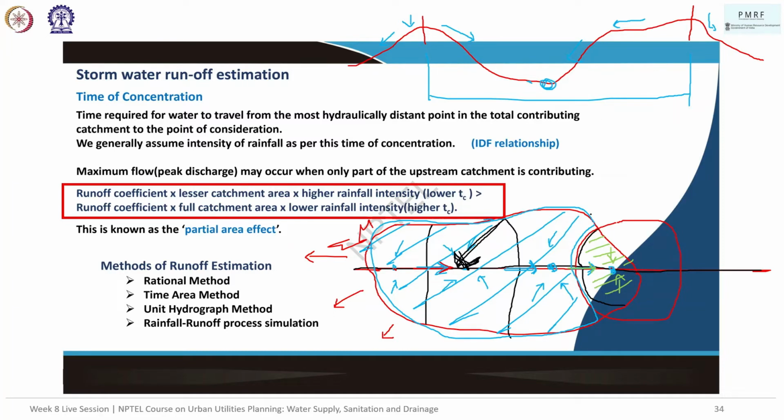Why do we care about the amount of time? Whenever you're designing the cross section, the pipe should be able to cater to the flow, right?